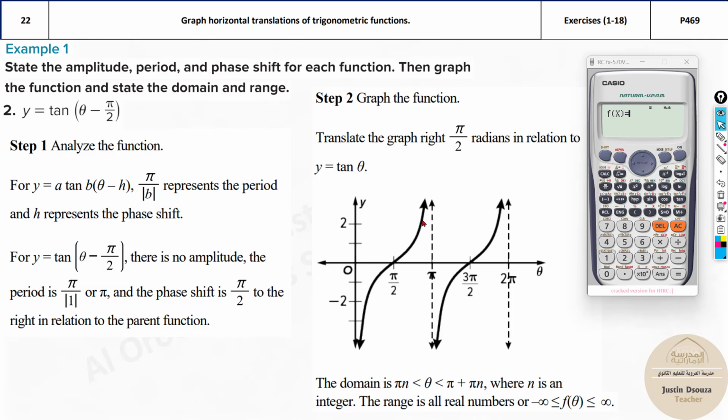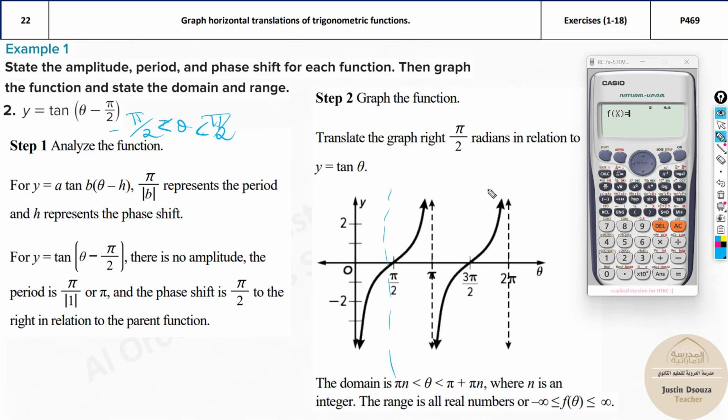Now over here, the domain is not all real numbers. It's never all real numbers. Now look, where is the asymptote? Wherever the period ends. For the tan graph, at pi by 2 and minus pi by 2, there is always an asymptote. It breaks with a dotted line like this.